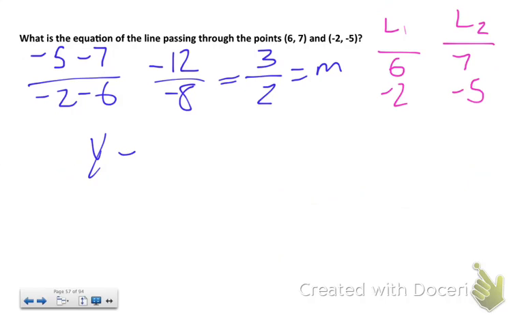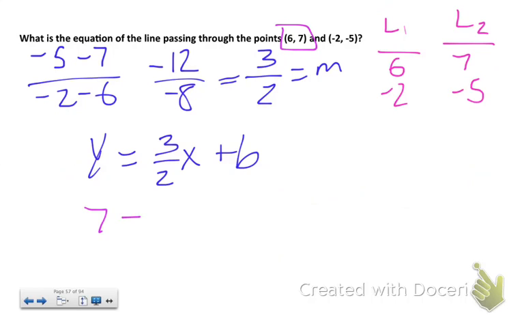So now y equals 3/2 x plus b. To find b, remember I'm going to plug in one of the points. 6, 7 might be easier. Either way, doesn't matter.